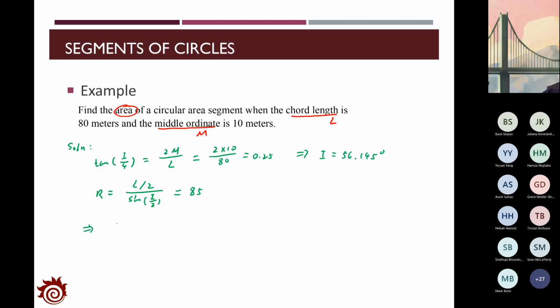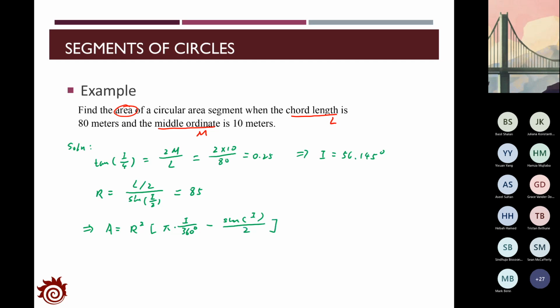And eventually we can find out the area covered by this circular line. So the value is R square times pi times I divided by 360 degrees minus sine I divided by 2.